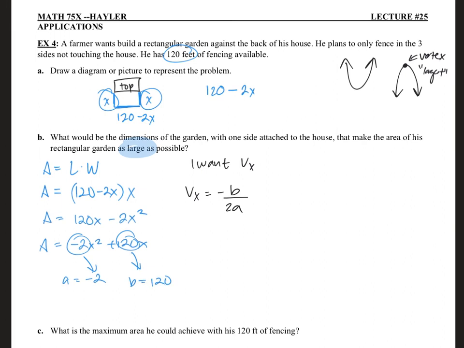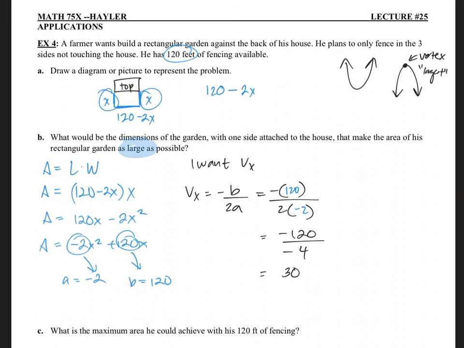Let's plug these into the equation. And what do we get? We get negative 120 over negative 4. So negative 120 divided by negative 4 is going to be positive 30.